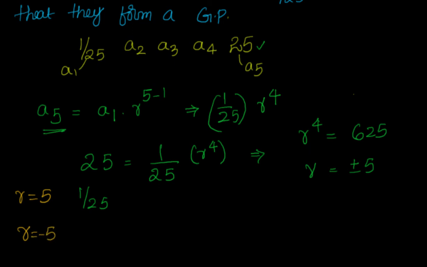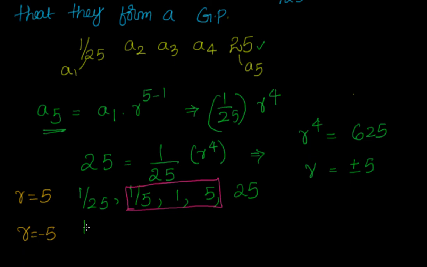If I take r equal to 5, I will have 1 by 25, then multiply with 5, I will have 1 by 5, then multiply with 5, I will have 1, then multiply again with 5, I will have 5, and the next term is 25. So the numbers are 1 by 5, 1 and 5. Let's look at the second one.